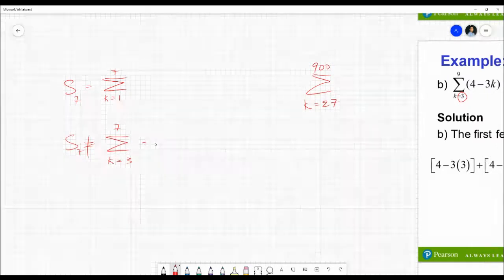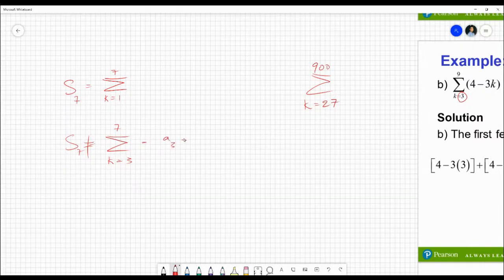This means it's only from A3, A4, all the way up to A7. Well, here's the beauty of it. Let me show you how you can actually use the formula in order to solve something where it does not have to start at 1.